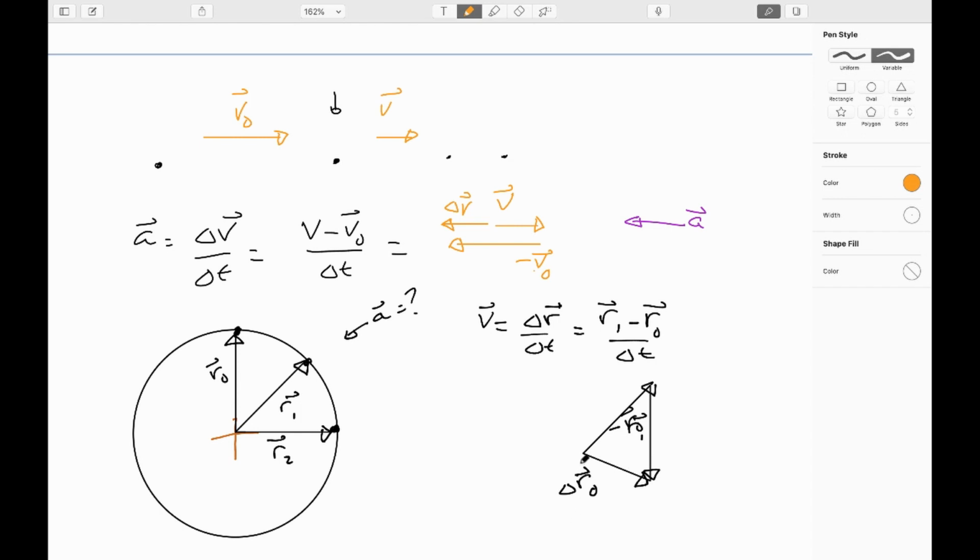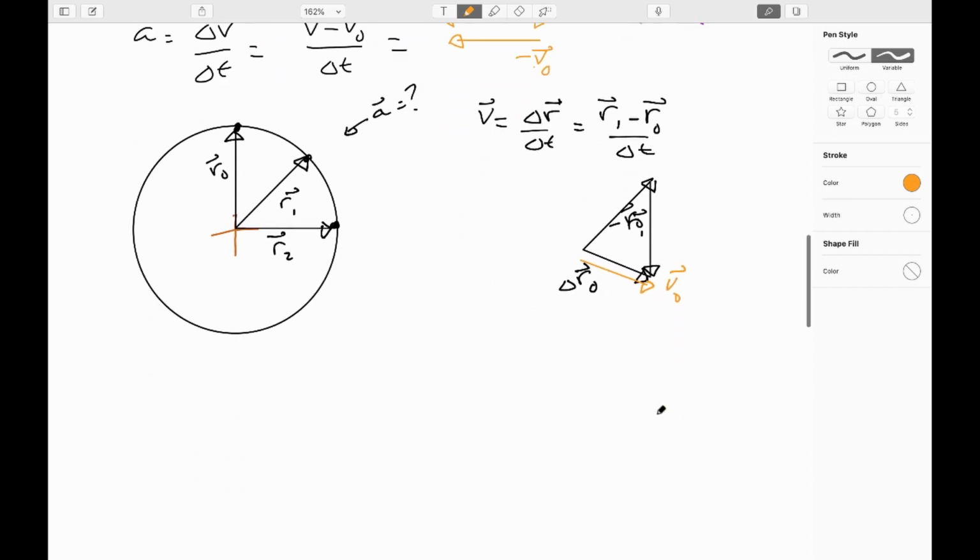In this case, I'll just make them the same length just to make it a little easier to think about. All right. So here we're going around at constant speed. You can see this because we're covering the same distance in the same time.